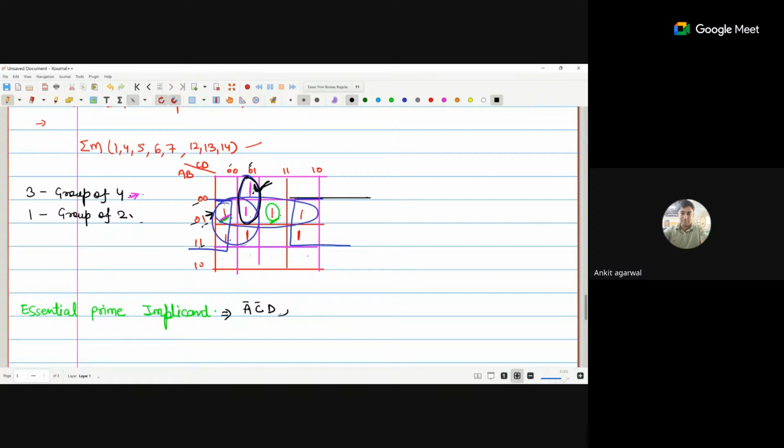The definition of the essential prime implicant is that this term is essentially required. Why? Because we can't consider this one in any other group. So that particular term is required. That's why it is called the essential prime implicant.